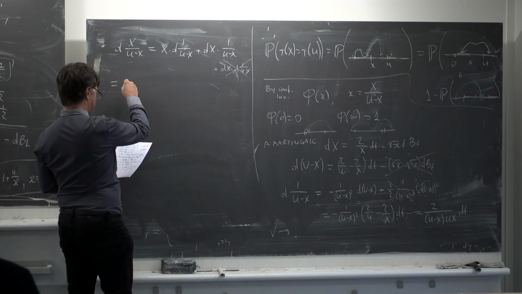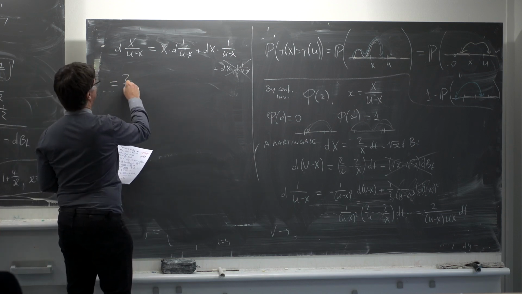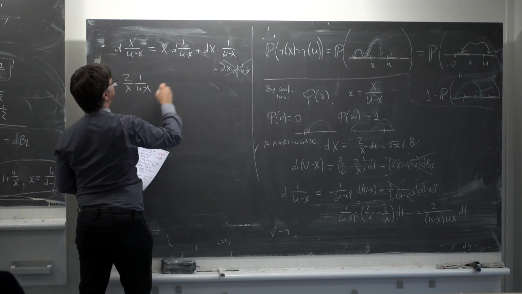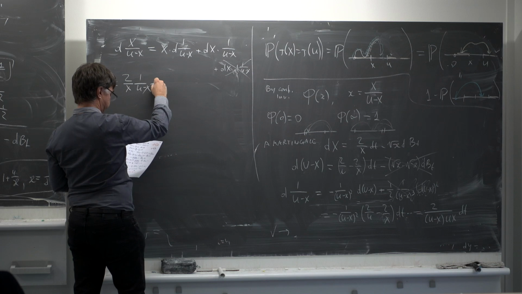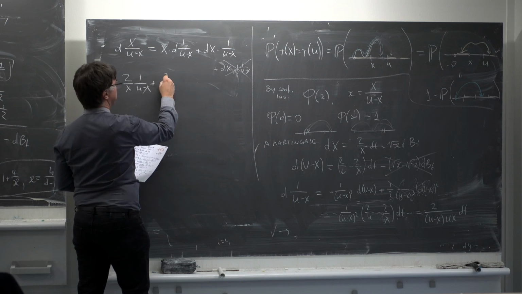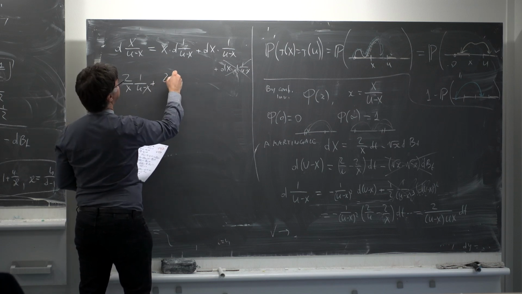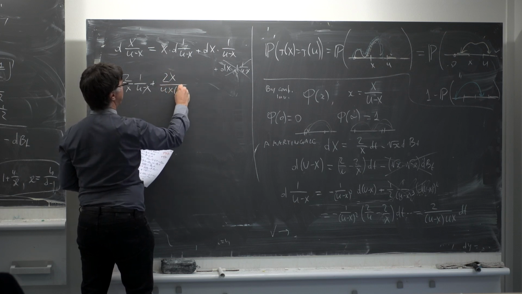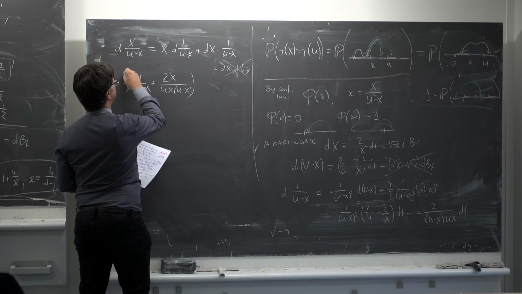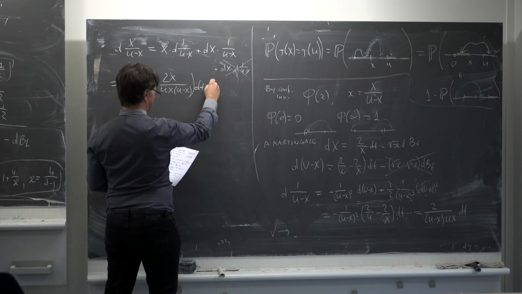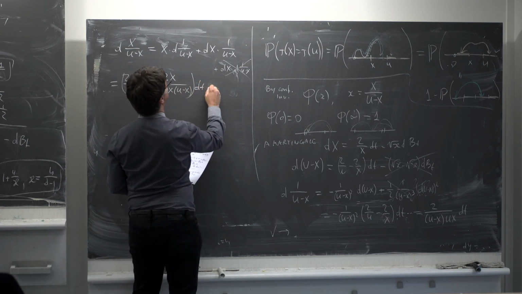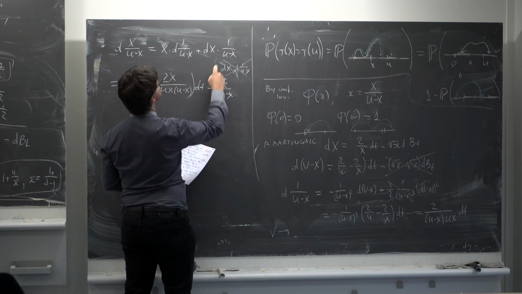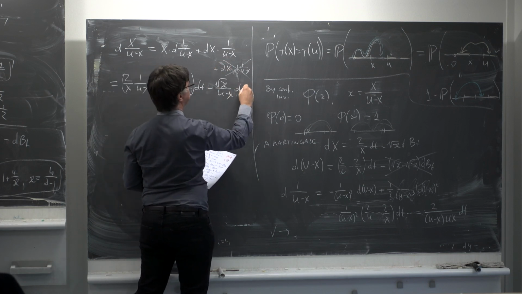So that will be 2 over x times 1 over u minus x from here. From here it will be plus 2 times x over ux(u minus x) dt. And with the Brownian motion it will be minus square root of kappa over u minus x from here, dBt.